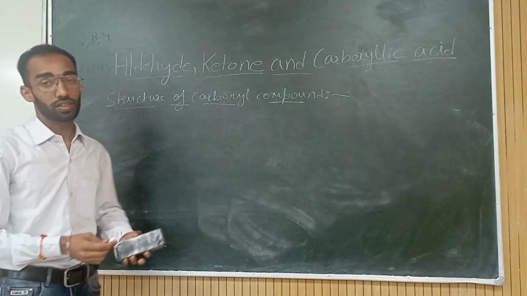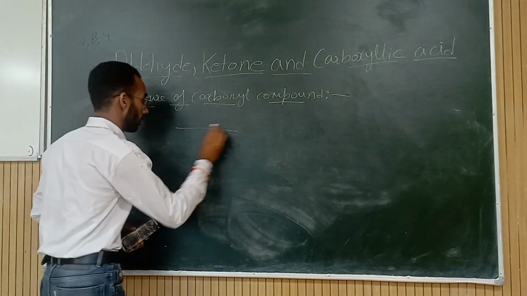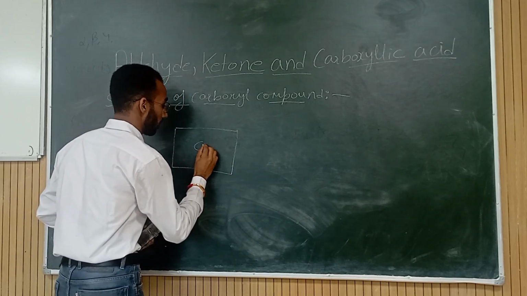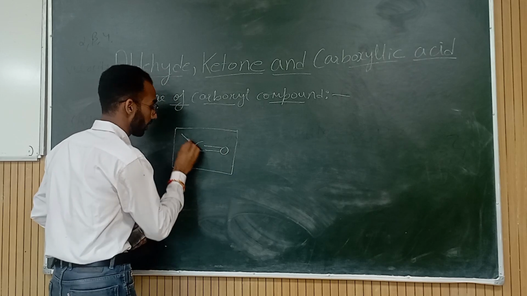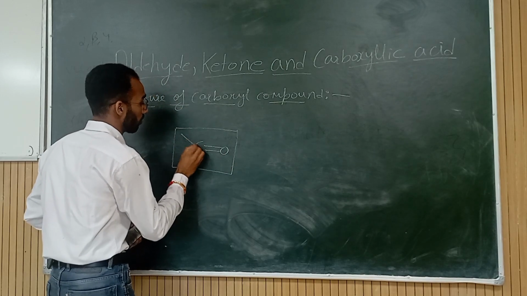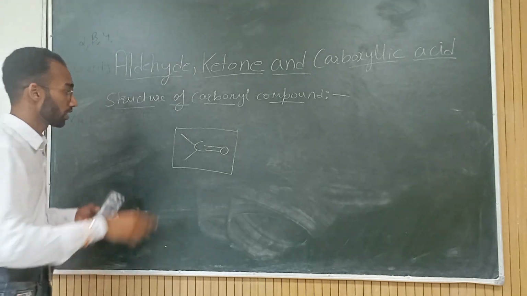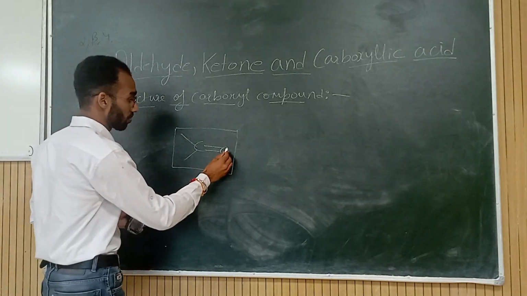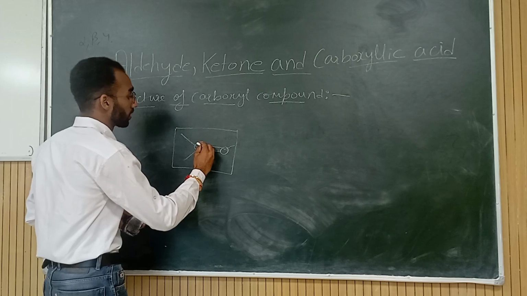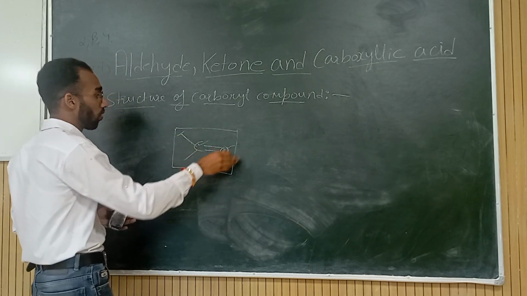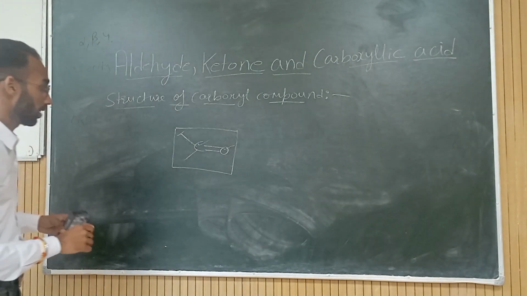It has a planar structure, so I draw a plane there. What does it mean if it has a planar structure? It means that all the atoms belonging to this carbonyl group lie in a plane. So it is a coplanar type of structure with respect to the atoms like oxygen, this carbon, and this R, H, or any atom. They all are in a plane.